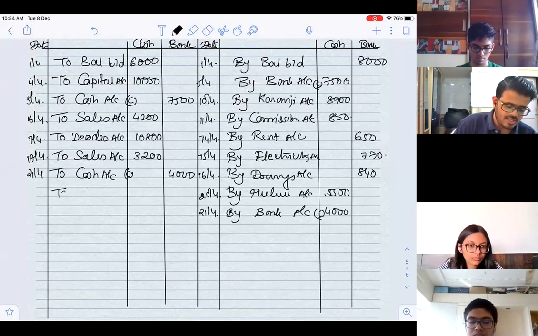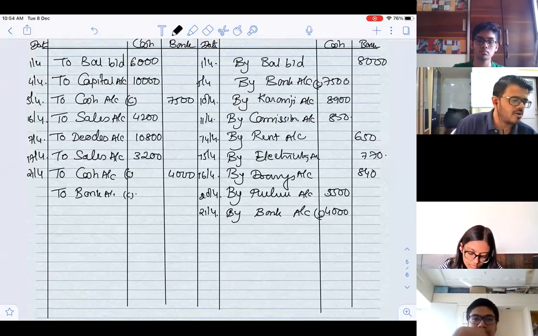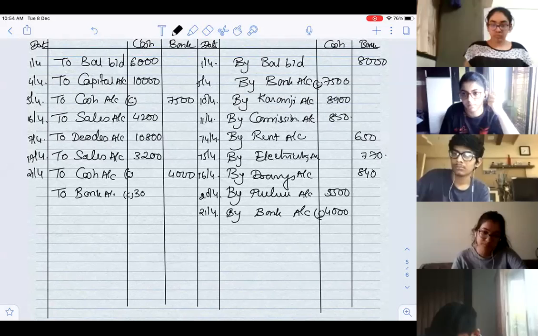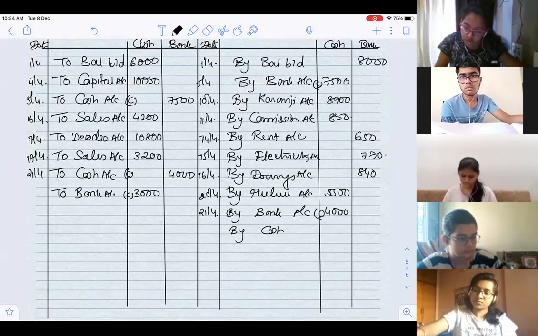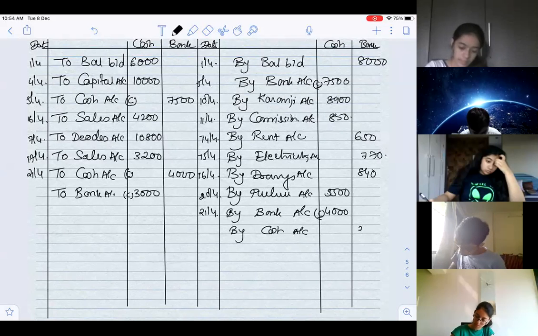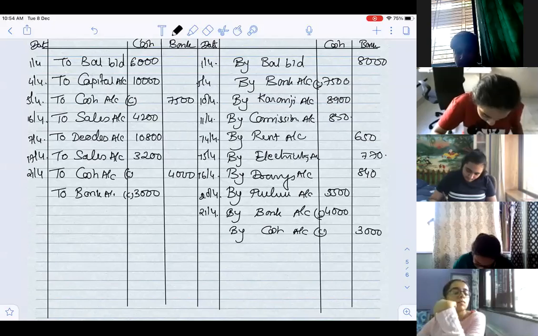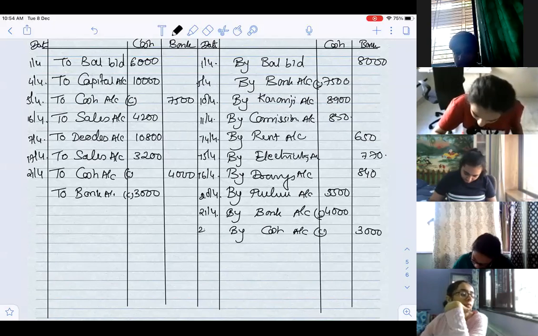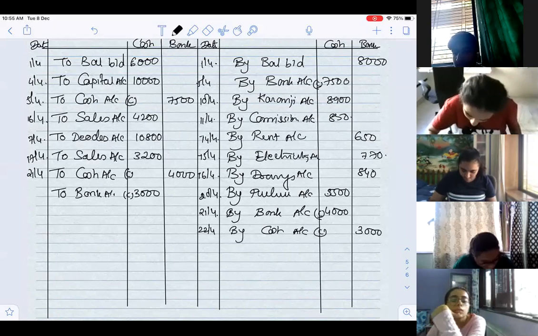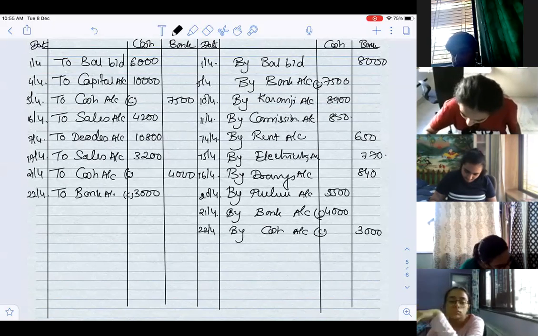That is also contra, cash to bank. So to bank, cash column, and by cash, bank column. Cash to bank is a contra entry. Any doubt, anyone till this point? Please ask. Anyone who is not getting the entry till this point?